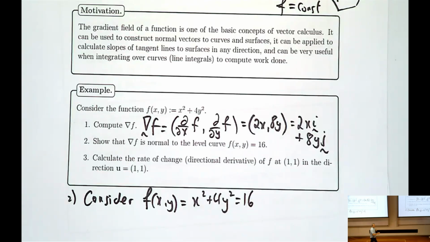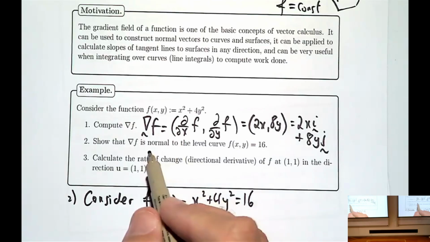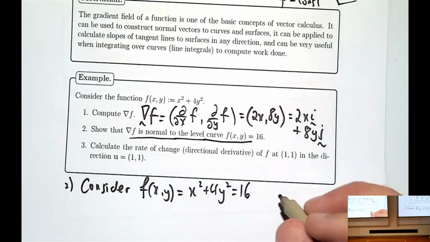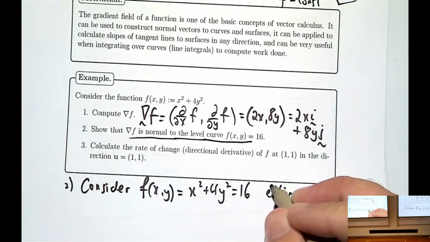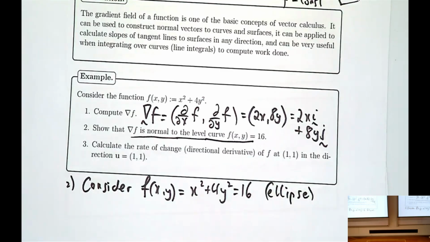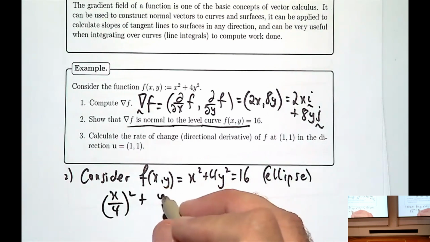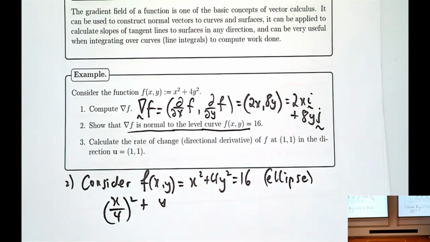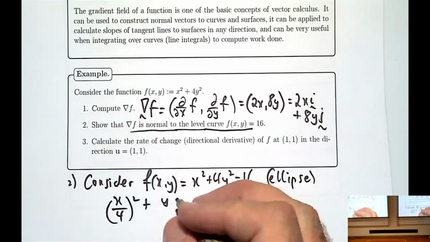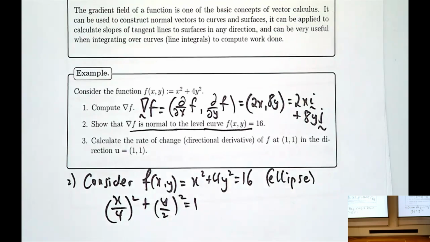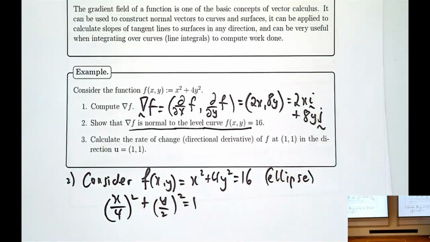So how do you parameterize an ellipse? With cosines and sines, right? Let's rewrite it like this. You don't have to do that, but it helps you with choosing your parameters.